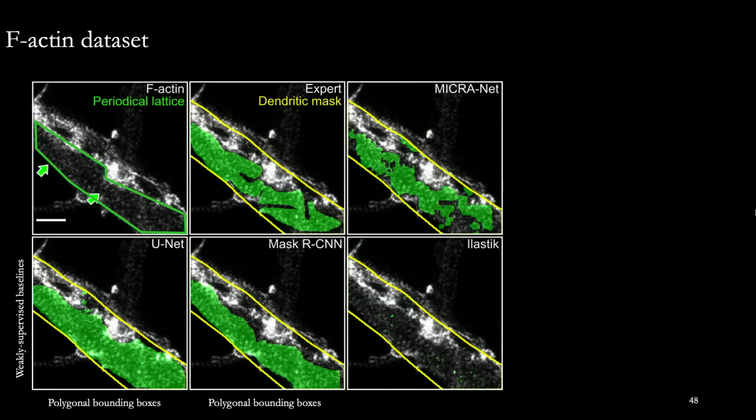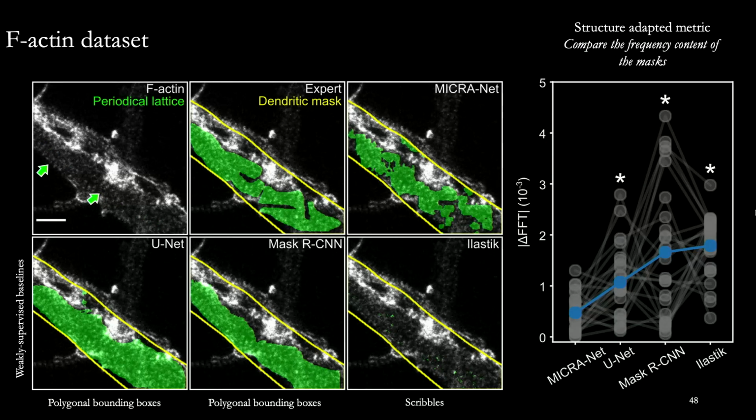Both of them were trained with bounding boxes, and also with Elastic, which was trained with a coarser label, which is only a scribble. And what we can see is that MicroNet learned a very precise representation of the structure of interest.